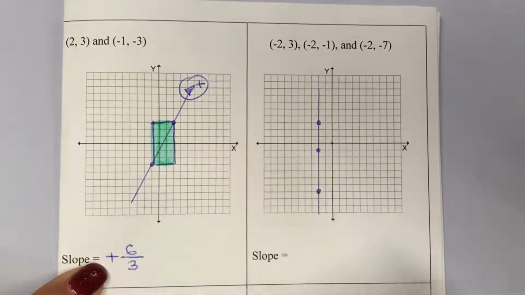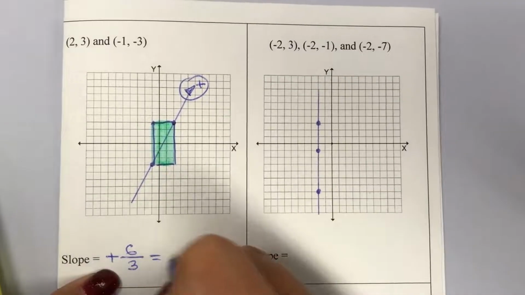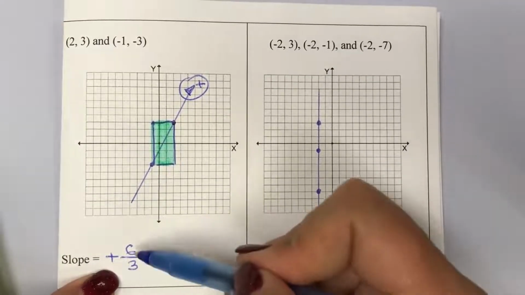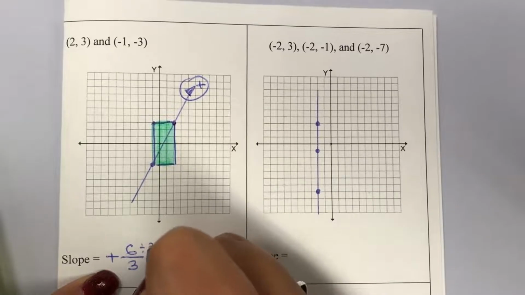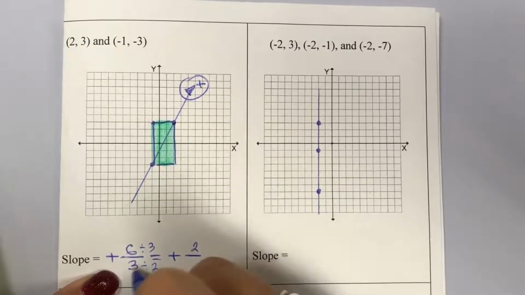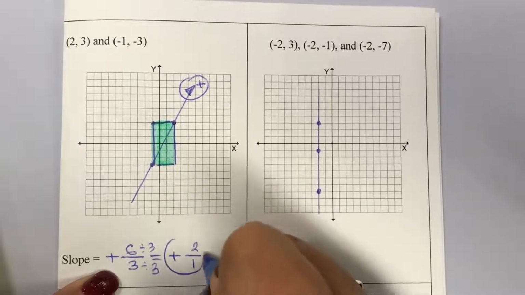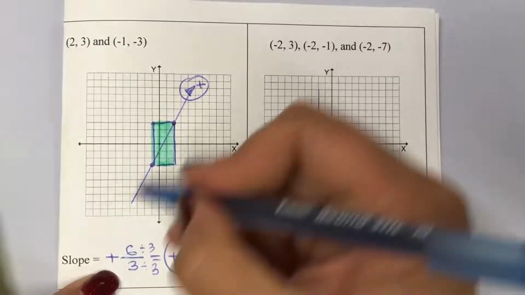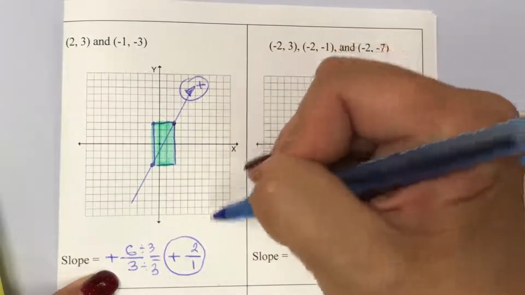Vertical to horizontal change can be reduced because 6 and 3 can be divided by 3. 6 divided by 3 is 2, 3 divided by 3 is 1, so I have the slope of positive, because upward to the right, 2/1.